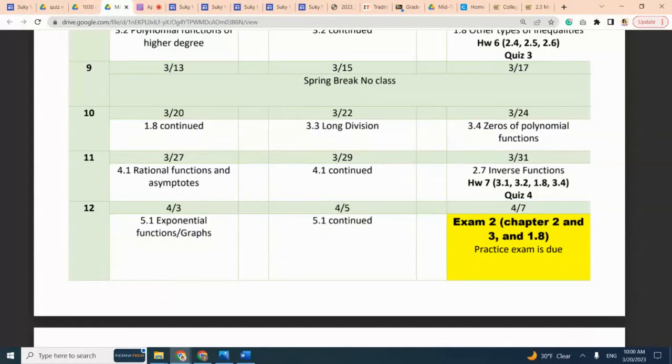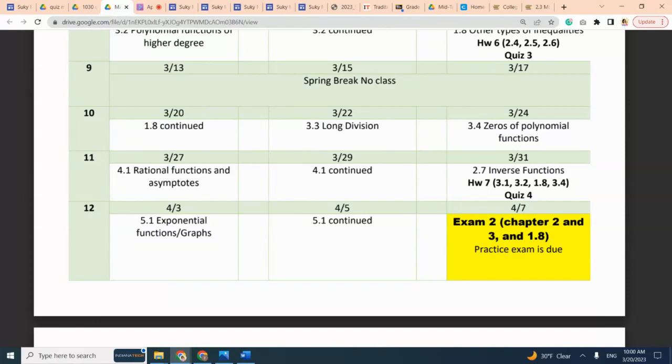So today is March 20. We'll talk about section 1.8. I gave you 1.8 last time before the break, but I do have some extra here if you need it. This week, you do not have any homework or new quizzes. But if you missed some serious homework, or exam correction and wrapper, or practice exam 1, I sent you an email, right?